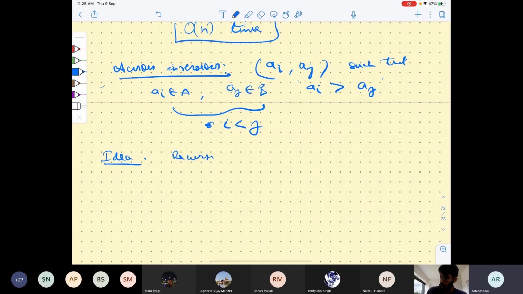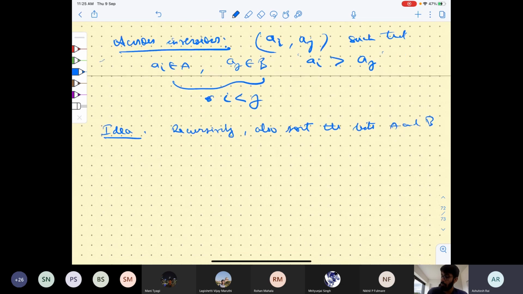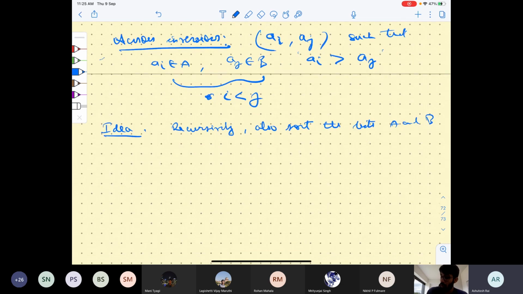Okay. So recursively, also sort. Don't just count. And suppose now that recursively we have counted and sorted.